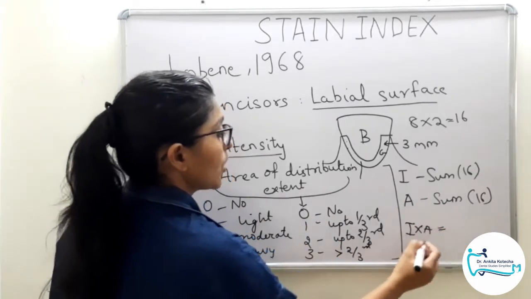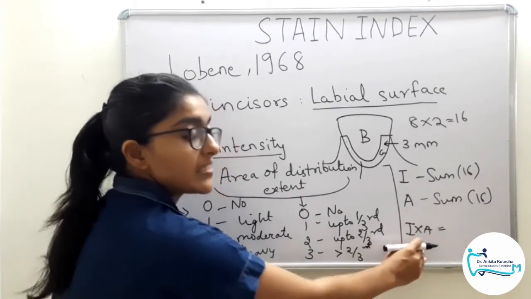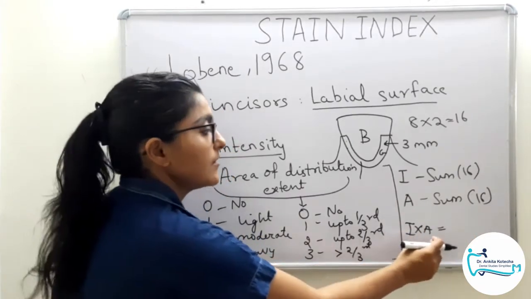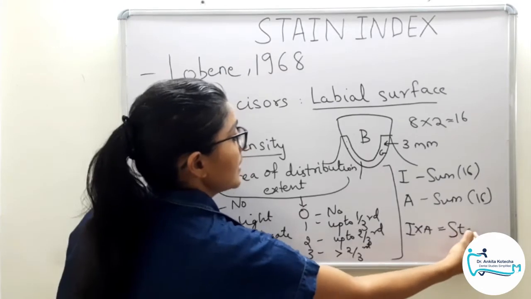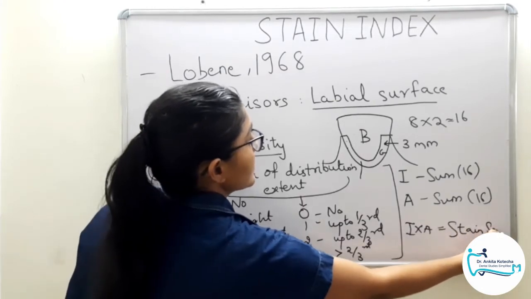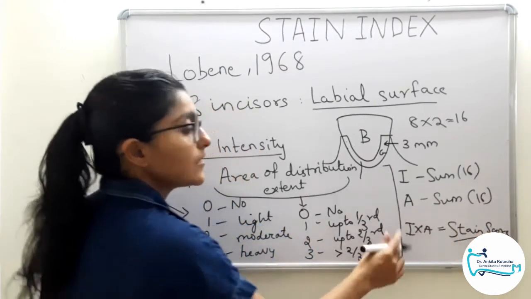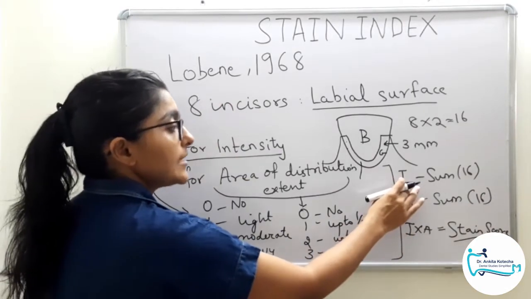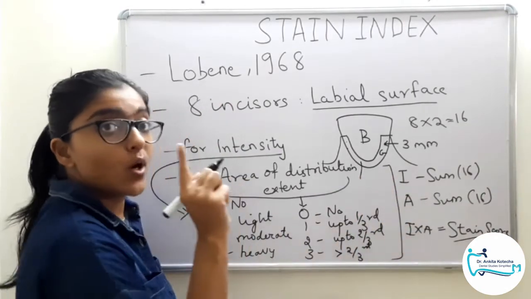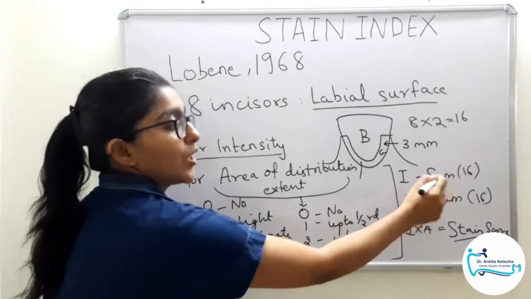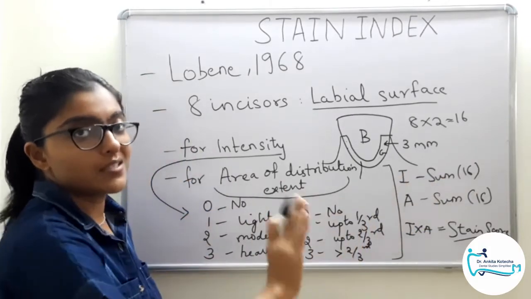And the final product is here. Please listen, this is an important entity. This is also referred to as the stain score. This is the main value considered. Stain score is the product of intensity and area for an individual surface region, not the sum or the mean or the standard deviation.